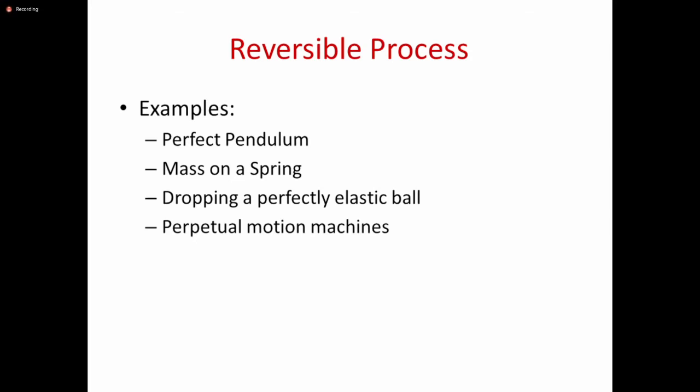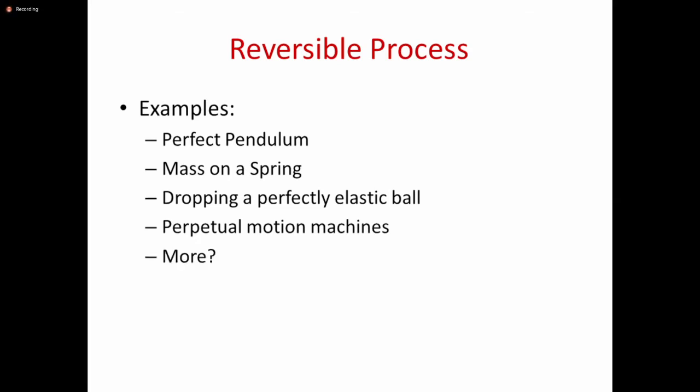Is it possible? Your machine is producing continuous work and you are not consuming any energy. No, sir, it is not possible at all. So that machine we generally call a perpetual motion machine. The machine which violates the first law is called PMM of the first kind, and the one violating the second law is PMM of the second kind.